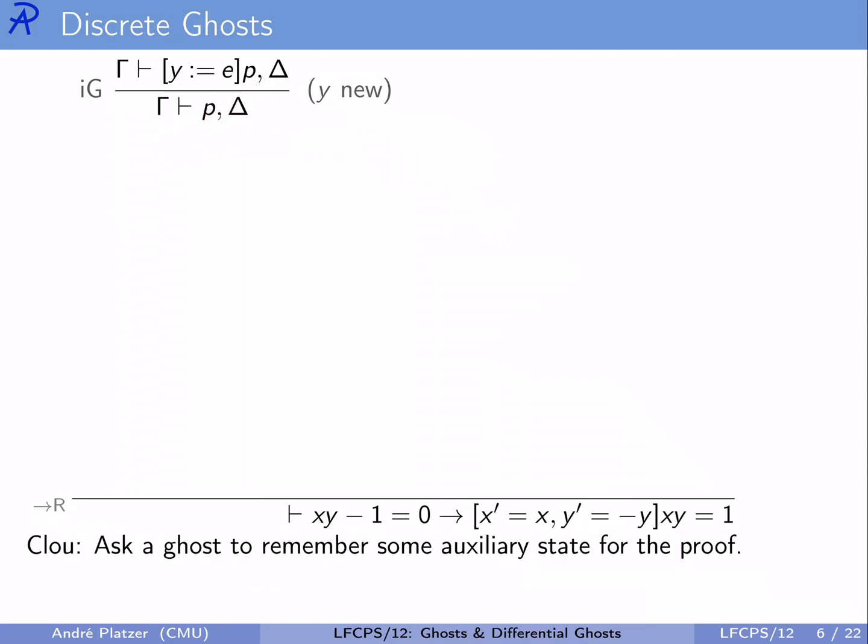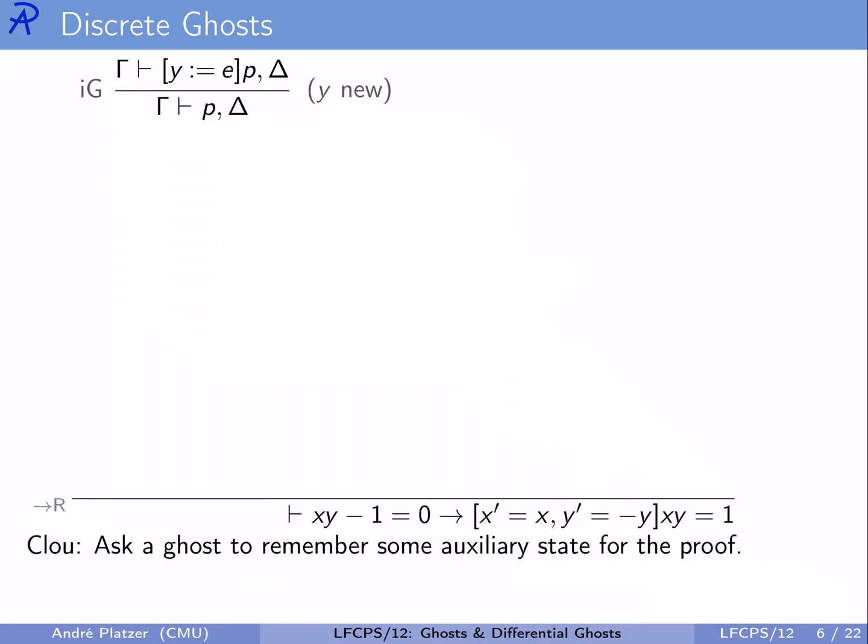What could we use that for? Well, here's one example. It is a very simple one, but it'll suffice for us. If you would like to prove that whenever xy minus 1 is 0, then after following x prime equals x and y prime equals minus y, so rotational dynamics, does xy remain 1? I could be worrying about this directly, and in fact it'll succeed, but then I wouldn't be showing you the role of the discrete ghost proof rule.